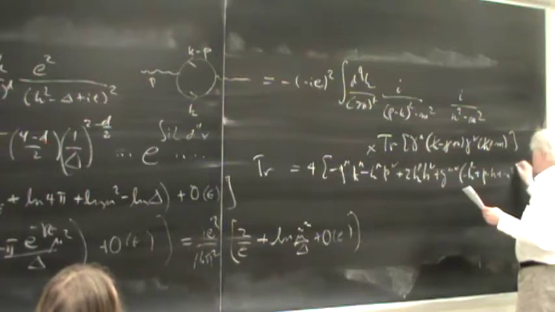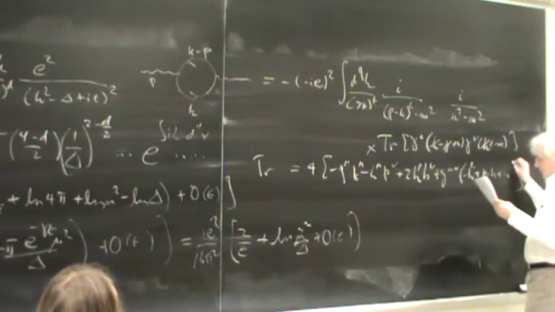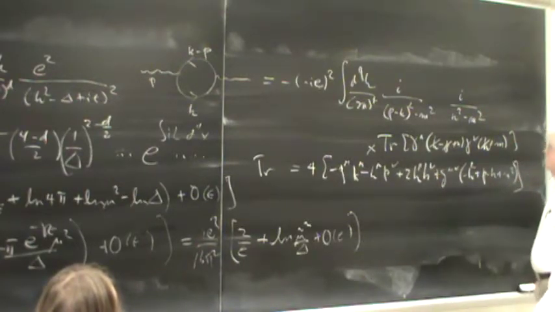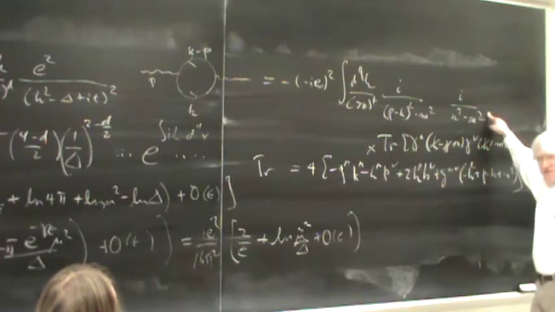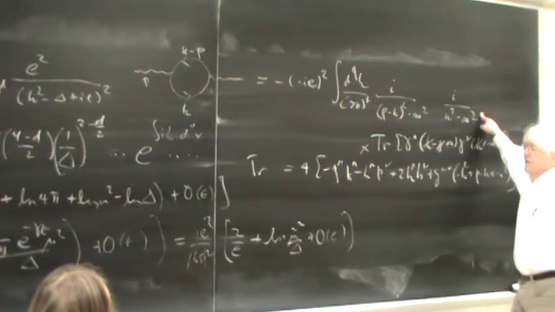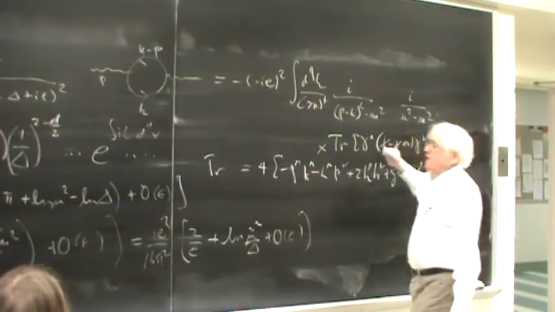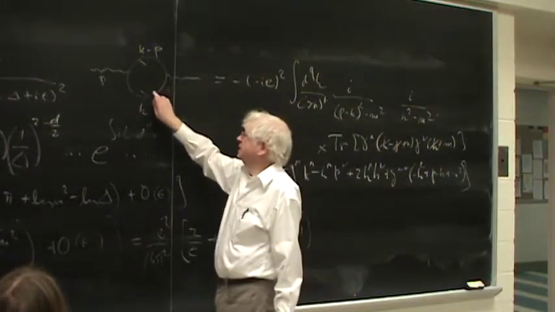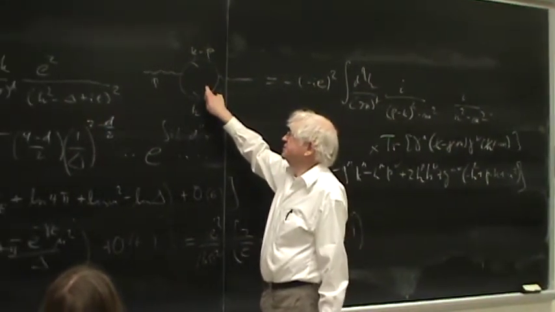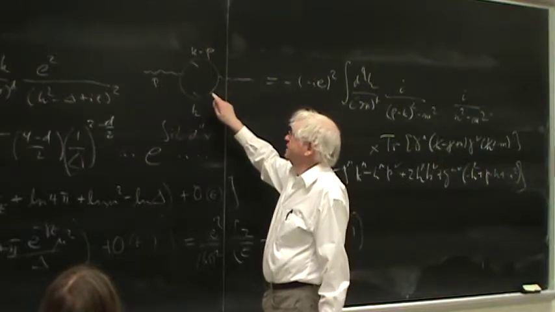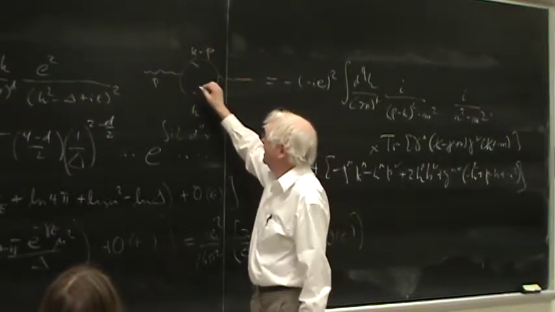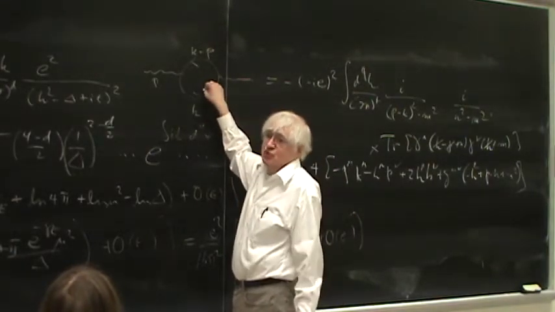By the way, I should have mentioned that the fact that this is only logarithmically divergent is an improvement over what we would get in phi cubed theory. In phi cubed theory, if we have a loop like this, it's quadratically divergent.